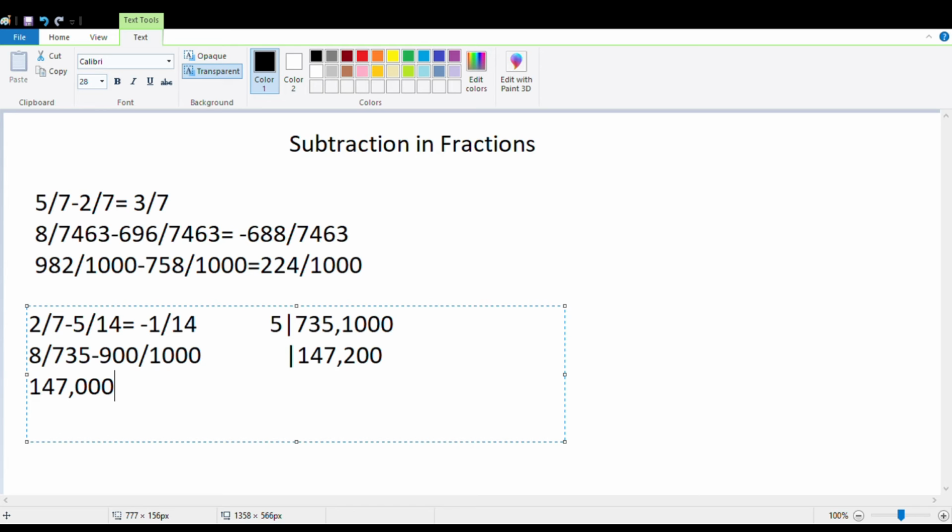So 8 into 735. What times 735 equals 147,000? Well, it is 200. So 200 into 8 is 1,600.